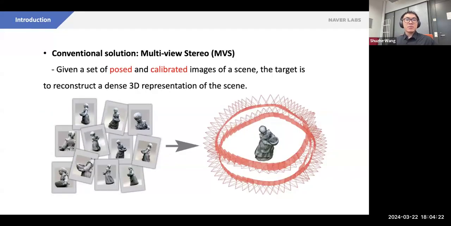In the past decades, we have had conventional solutions like multi-view stereo to solve the problem. Given a set of posed and calibrated images of the thing, the target is to reconstruct a 3D dense representation of it.